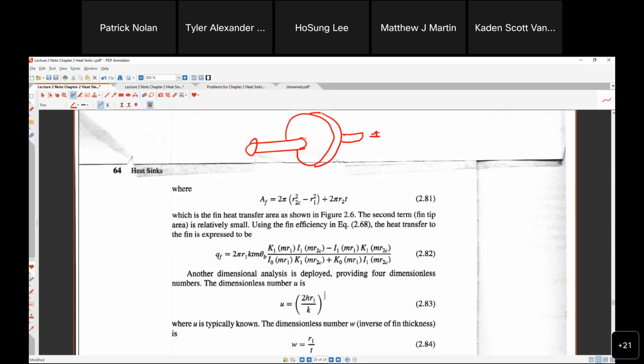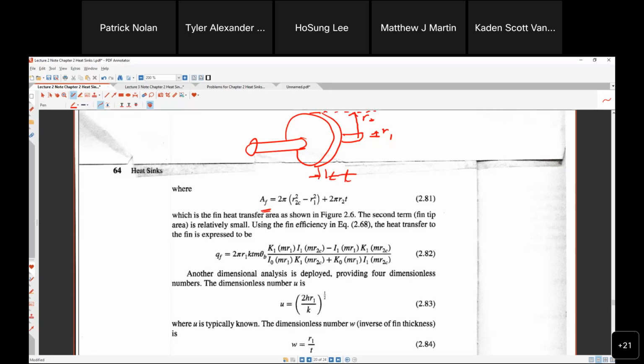Okay, this is R1, and then this is R2, and this is T.